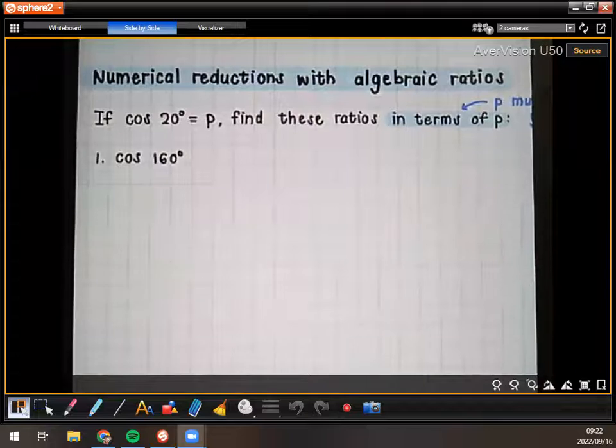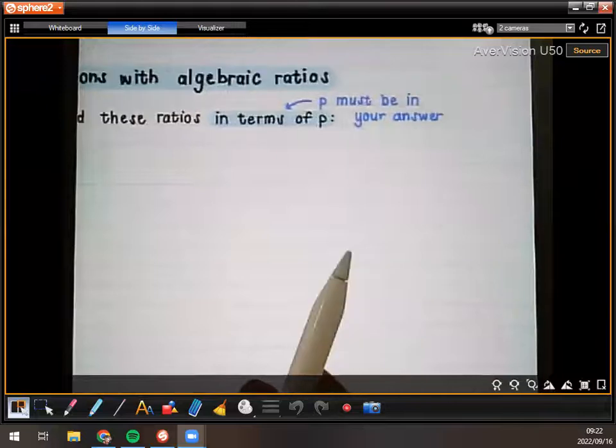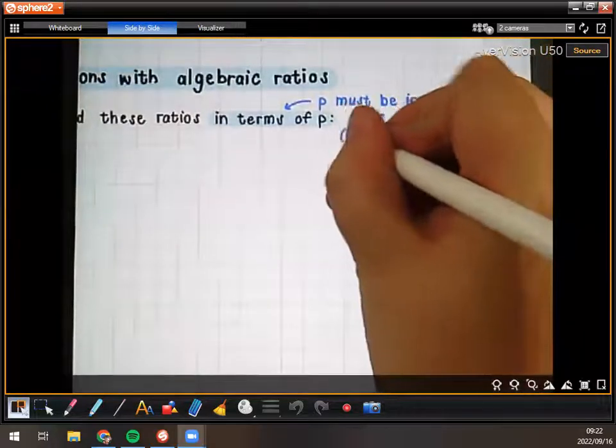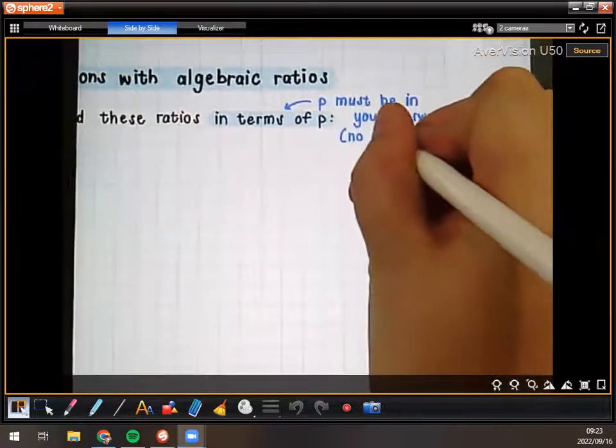So cos 20 is a number, okay? But then I'm also just going to type in cos 160 and I'm going to write what that answer is. But that's wrong, guys, because they're saying in terms of P. You have to follow the instructions. So I just want us to add here, no calculator.